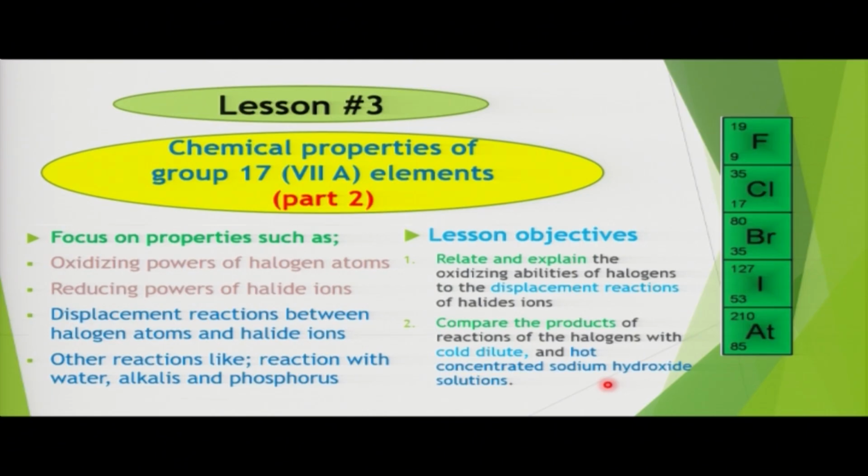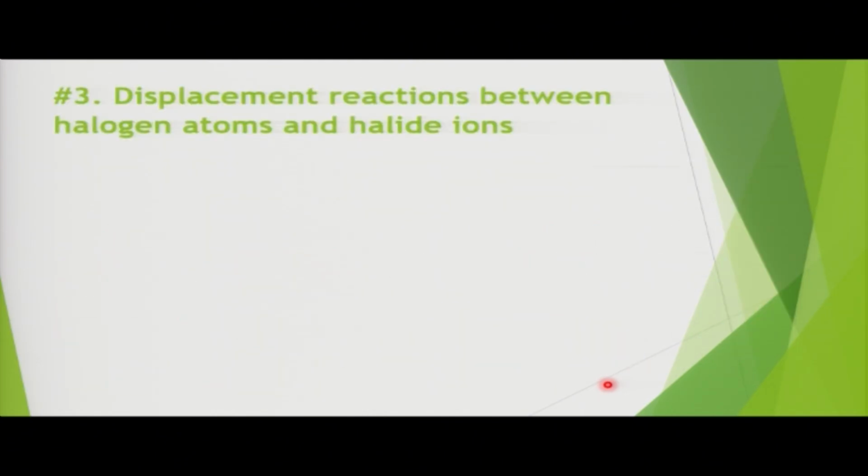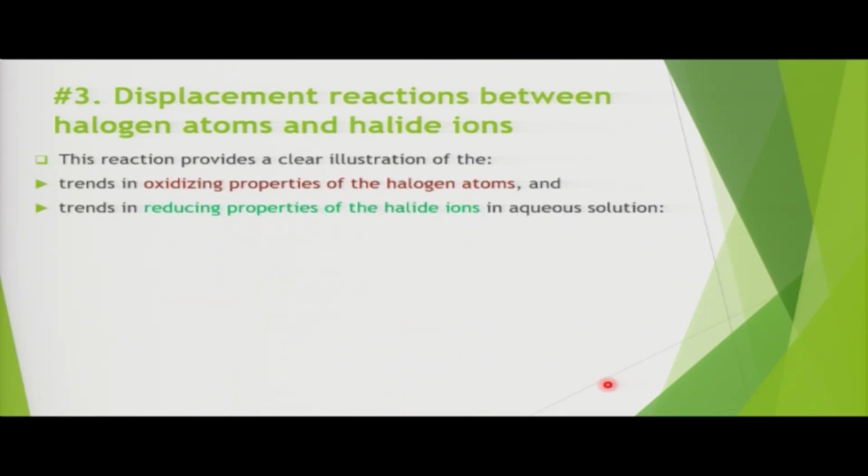Now let's go to chemical property number 3, adding on oxidizing ability and reducing ability. Now we are on the displacement reaction. So what we need to know is this reaction clearly gives us a combination of the two properties we looked at before: the oxidizing ability of the halogen atoms and the reducing ability of the halide ions. In this case, we are combining all of them.